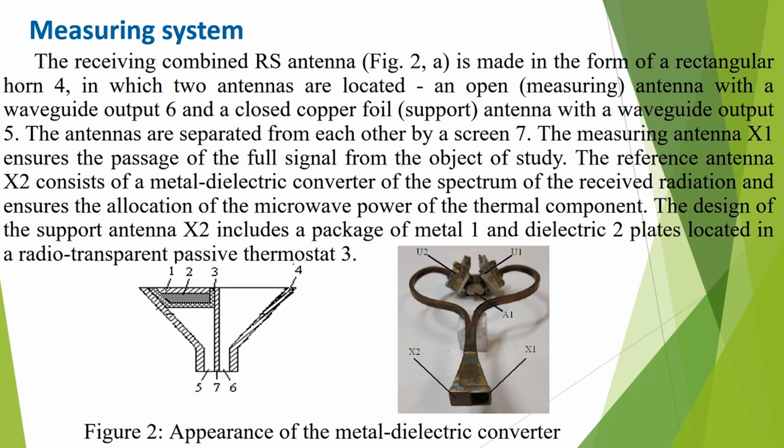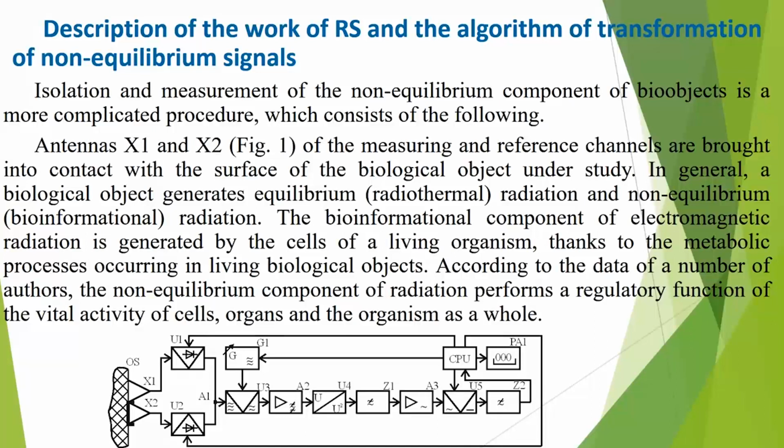Slide 6. Description of the work of RS and the algorithm of transformation of non-equilibrium signals. Isolation and measurement of the non-equilibrium component of the object is a more complicated procedure, which consists of the following. Antennas X1 and X2 of the measuring and reference channels are brought into contact with the surface of the biological object under study.